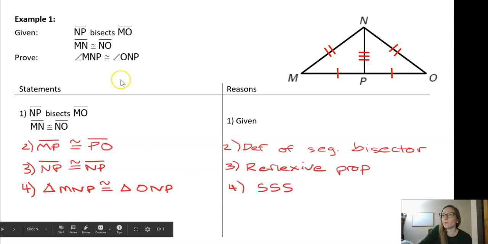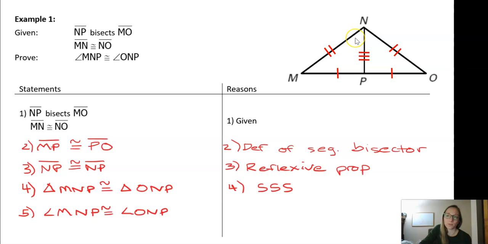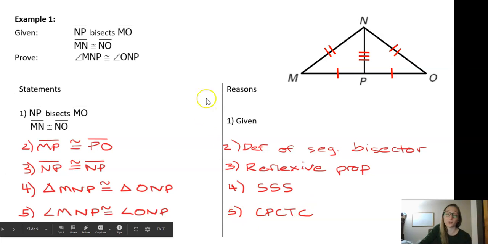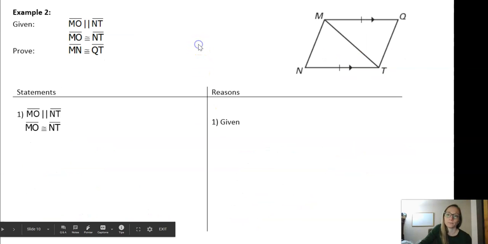So now I can say that angle MNP would have to be congruent to angle ONP, because these two triangles are congruent, so these two angles of those triangles must be congruent. And the reason for that would be CPCTC. And that's it. CPCTC should always be used after proving congruent triangles.